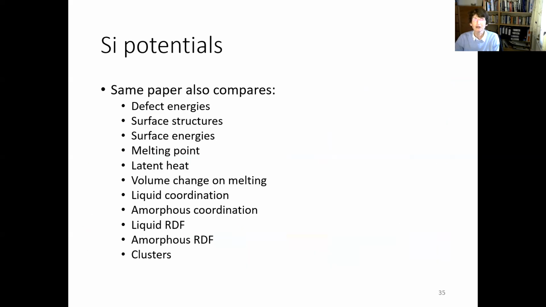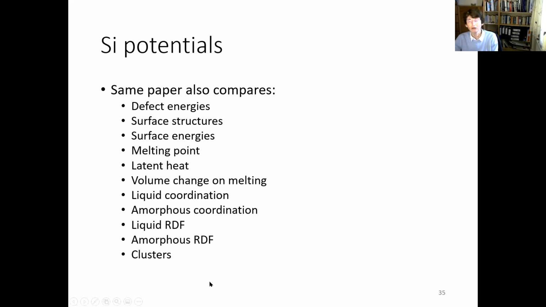And the same paper actually compared lots of other energies too, the defect energy, surface structures, all the high temperature properties, and liquid silicon. And that's important because you have to choose your potential depending on what your application is. If you're really interested in low temperature properties, such as defects and surface structures, then you're not particularly interested in what happens in the amorphous state or your liquid state or what your volume change on melting is.